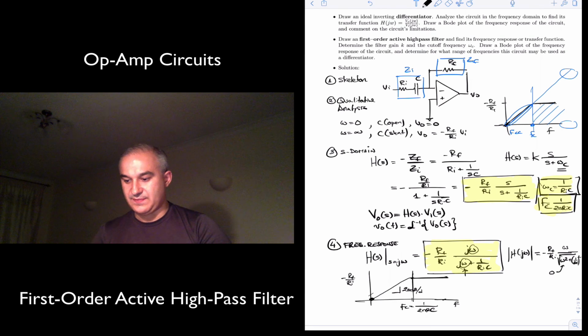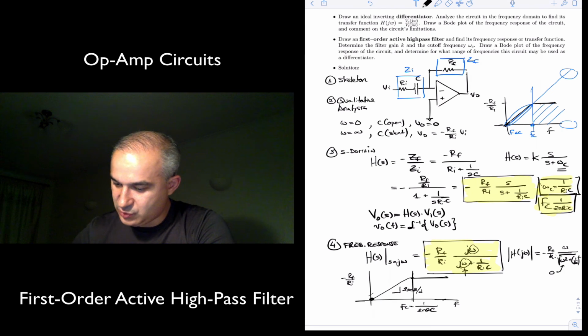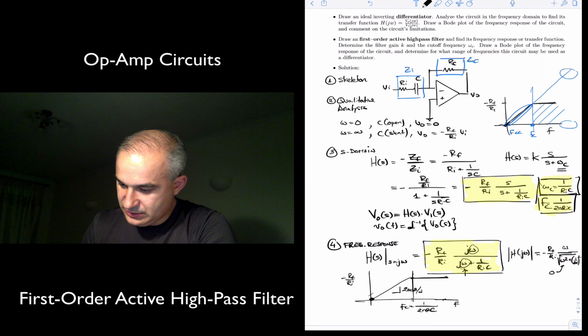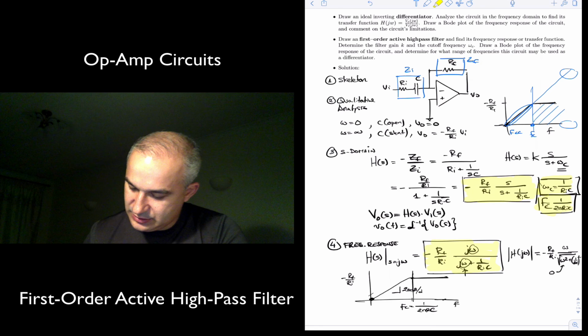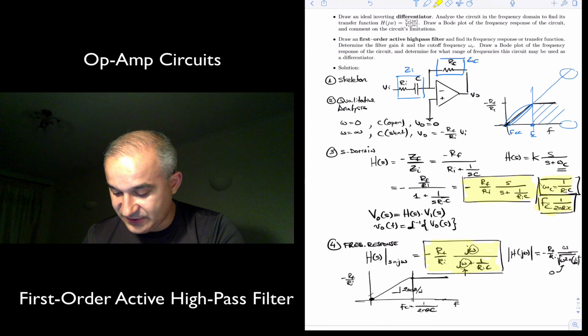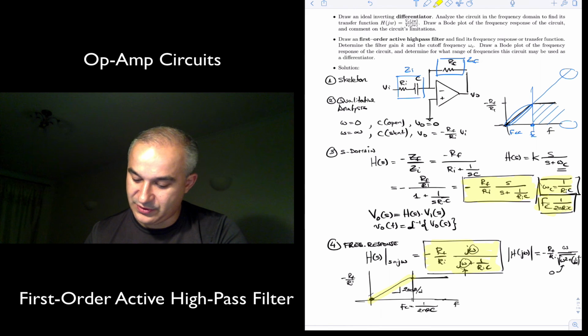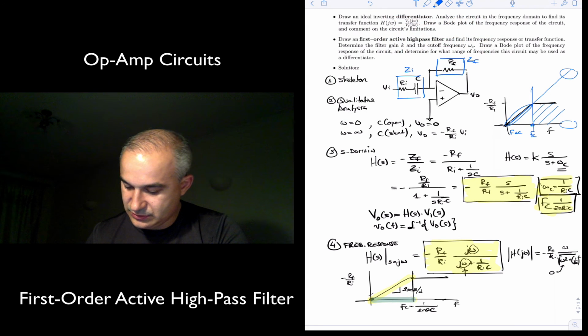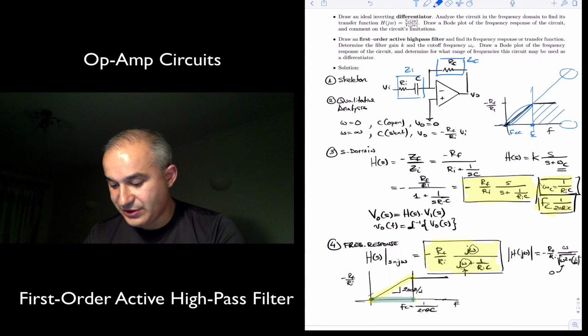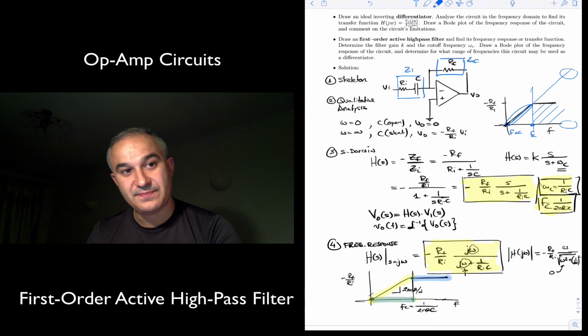Now, one thing to keep in mind is that the first order active high-pass filter is only going to behave as an integrator over this frequency range here. In this other range it is an inverting amplifier.